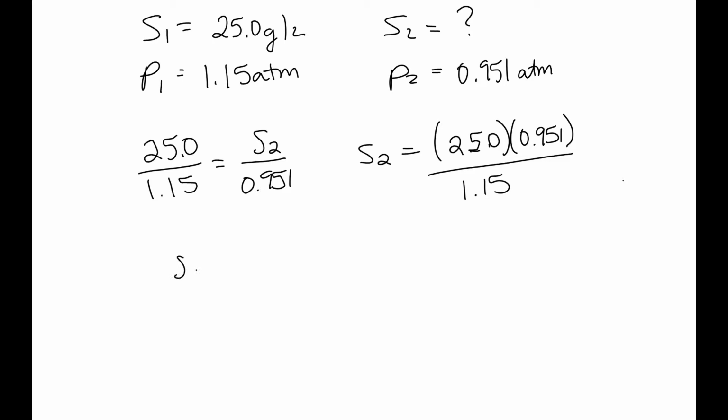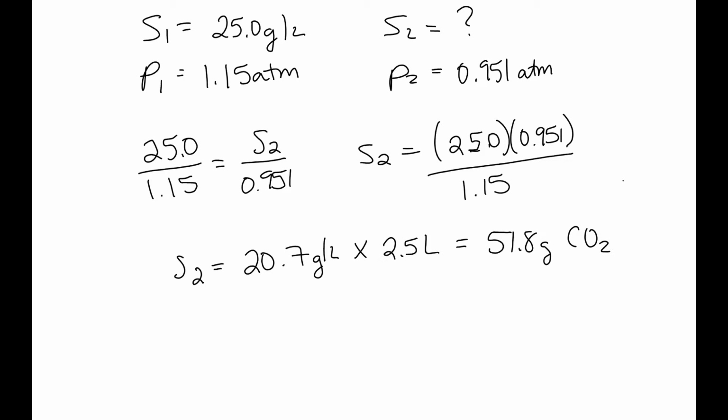So S2 is going to equal 20.7 grams per liter. But it wants to know not this. So that would mean 20.7 grams of CO2 in 1 liter, but we don't want 1 liter. We want 2.5 liters. When we do that, we get 51.8 grams of CO2. Pretty easy so far.